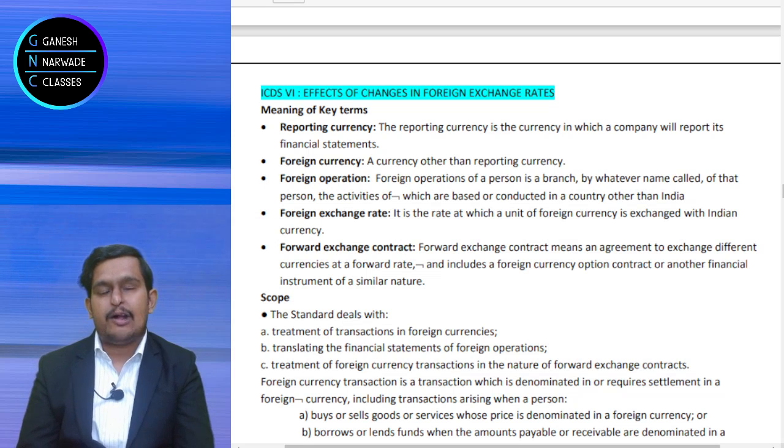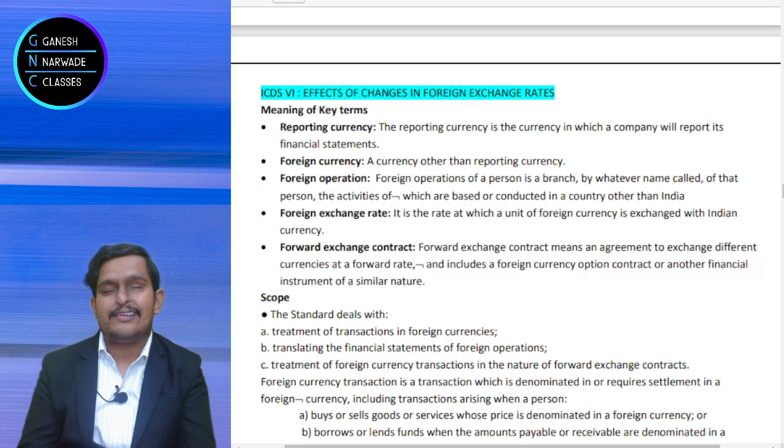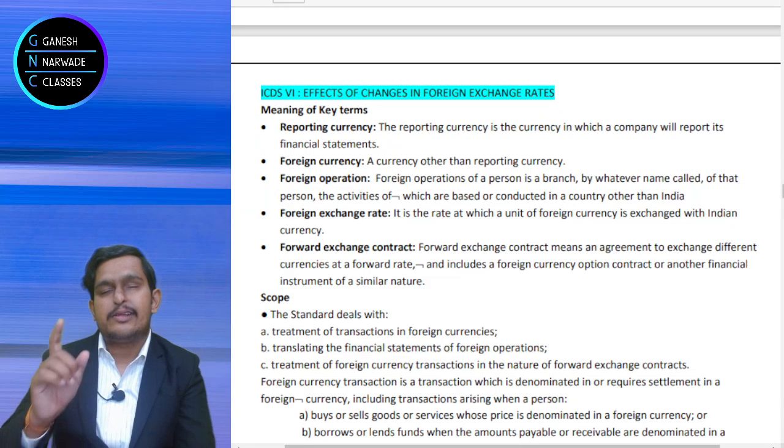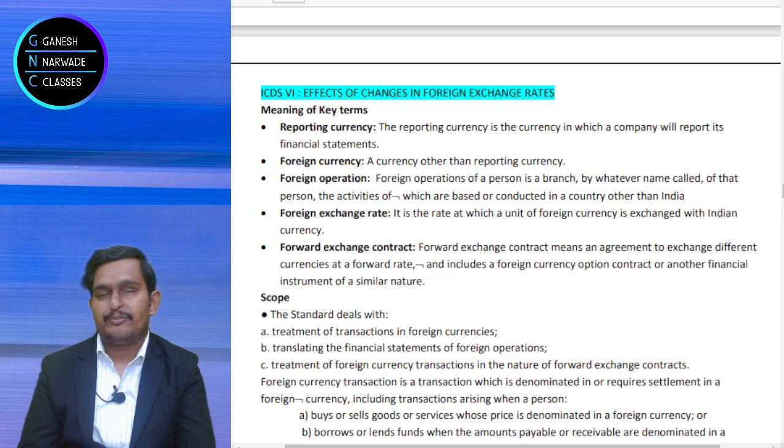Whether you take up accounting standards or ICDS, when it comes to changes in foreign exchange rate, this standard really is tough. So I am going to simplify this for you. So listen carefully. Don't miss a single word which I am uttering.